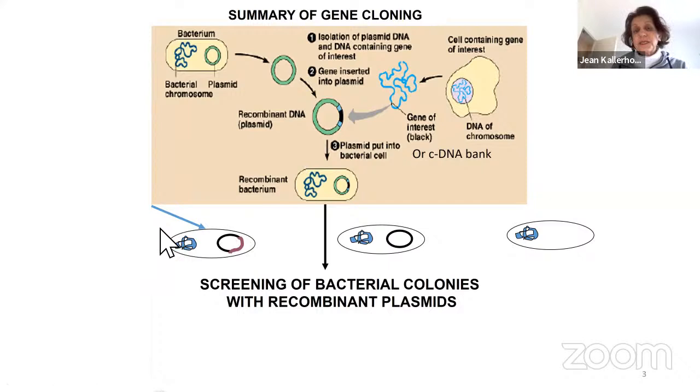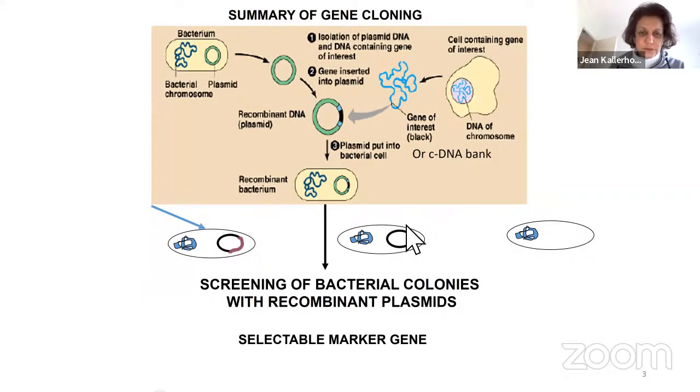So we need to have only this population, and within this population, only the ones that carry the gene that we are looking for. So to this end, we use two tools to screen among these three populations. We use the tool called selectable marker genes, and the second one is the reporter genes.